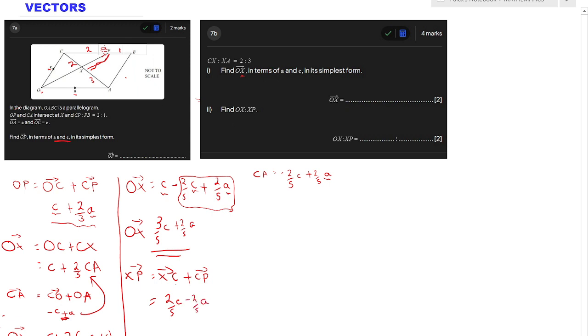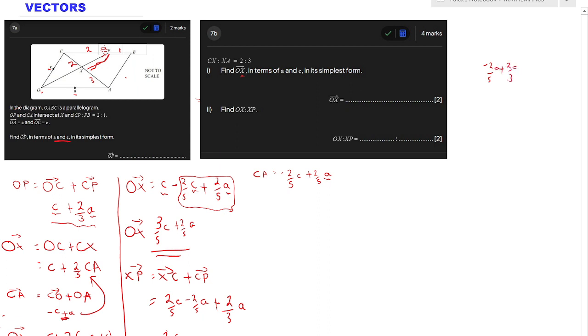And then this XC, we add it to CP. Now CP, we've realized, is 2 of the 3 divisions of vector A. We add the common terms together. So this is 2 over 5C. Let me do the addition here for A: negative 2 over 5 plus 2 over 3.